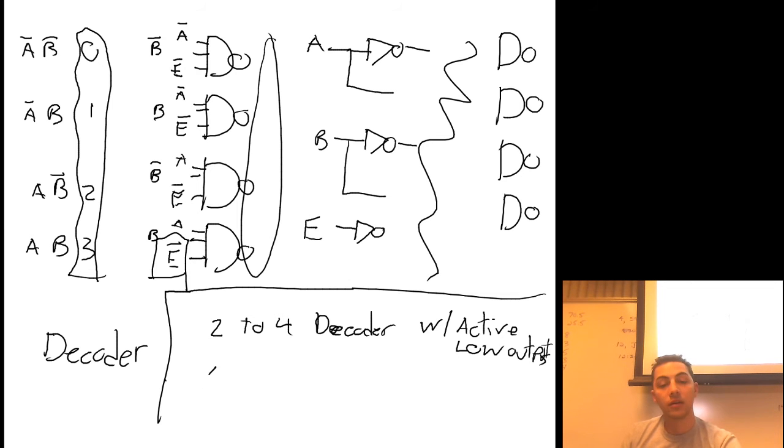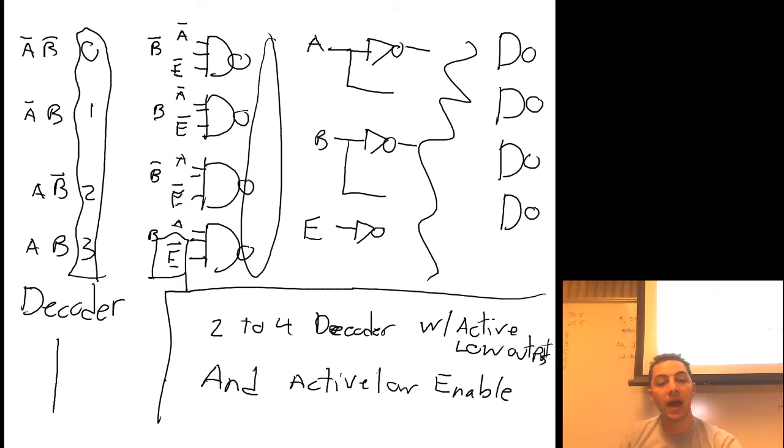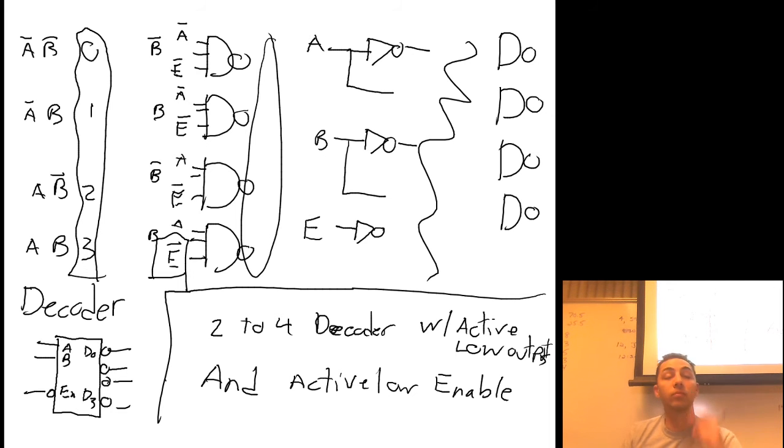Furthermore, it has an active low enable. So if we were drawing this device as a schematic symbol, we would have the following setup. A, B, enable would be active low, as would all 4 of the outputs. Okay? Questions on that?